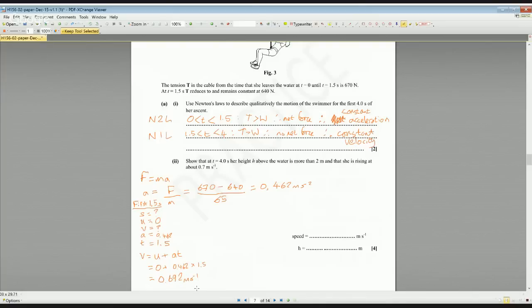Now remember, once you stop accelerating, that velocity stays constant. And also remember, it's a show that question. It says that the answer is expected to be about 0.7 meters per second, and that's precisely what we've got, 0.692.